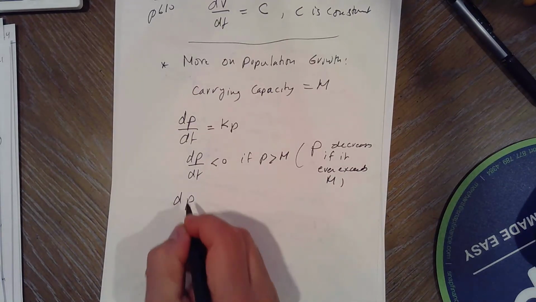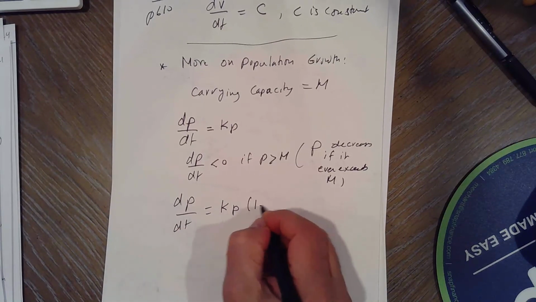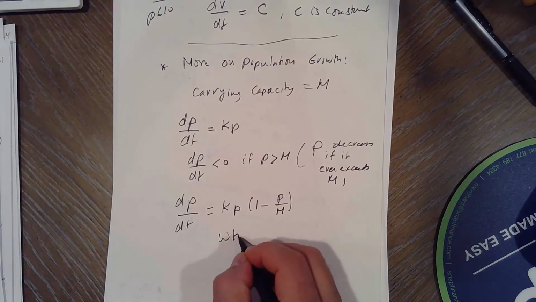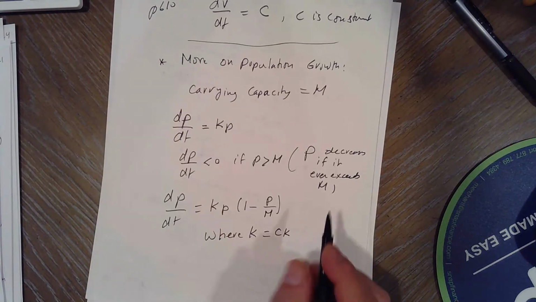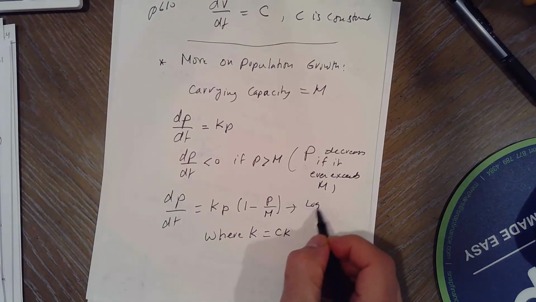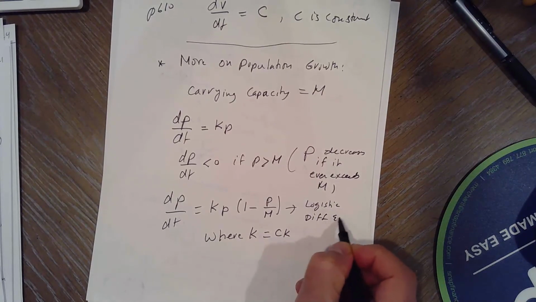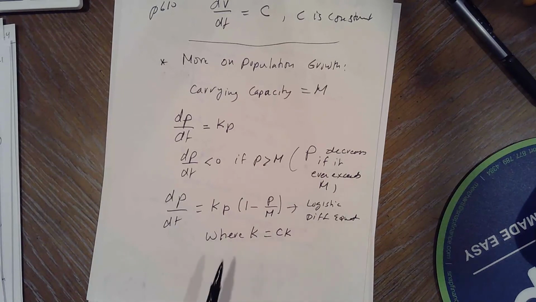So dp by dt equals kp times (1 minus p over m), where k equals cm. This is what they call the logistic differential equation. So look at this.